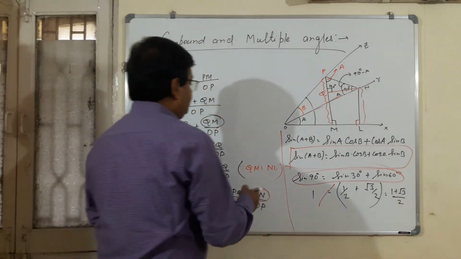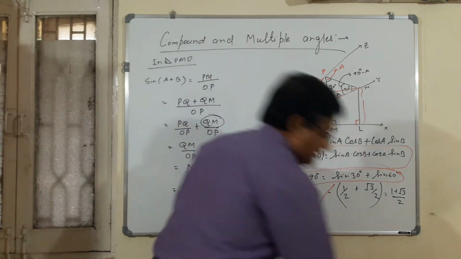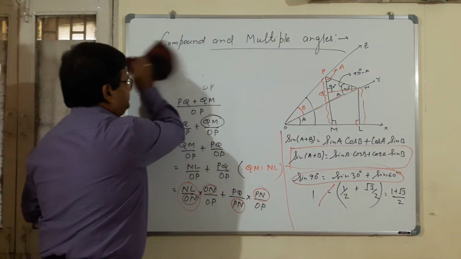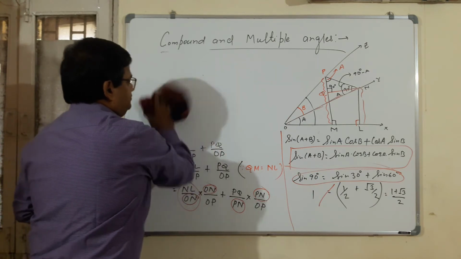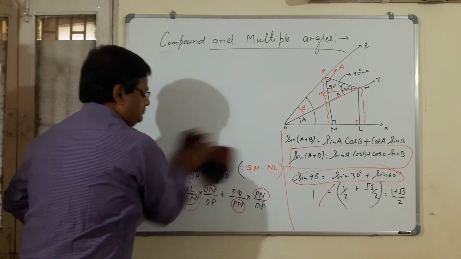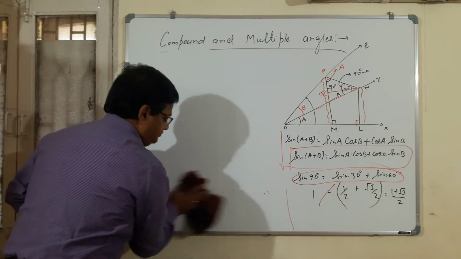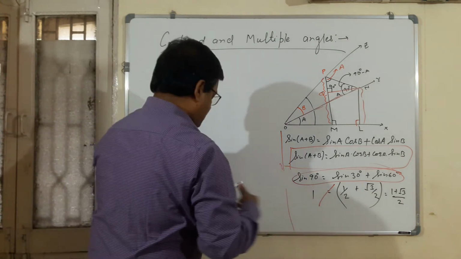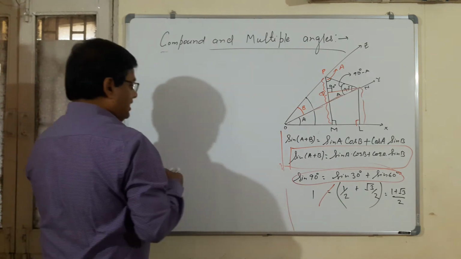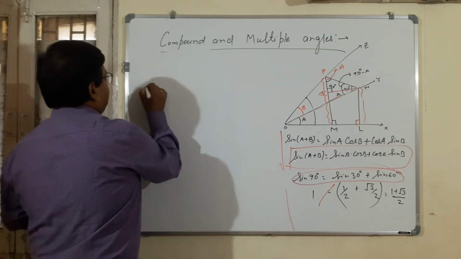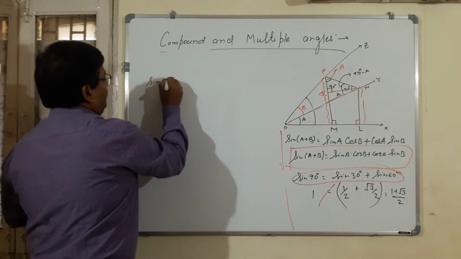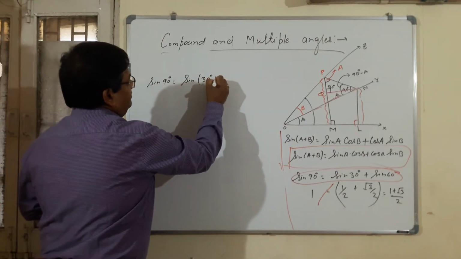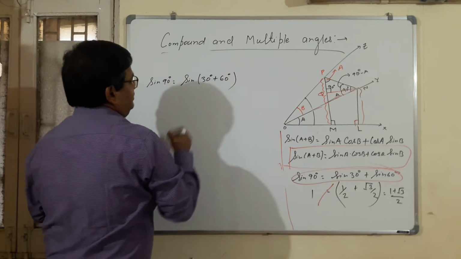See here, if you want to verify the sin A plus B formula, take sin 90 degree, sin of 30 degree plus 60 degree.